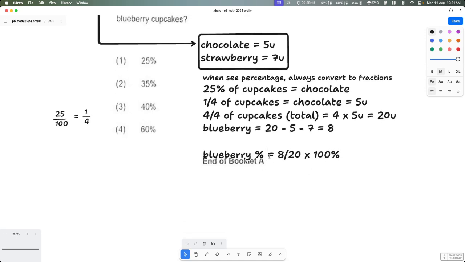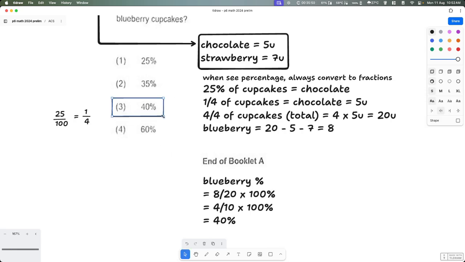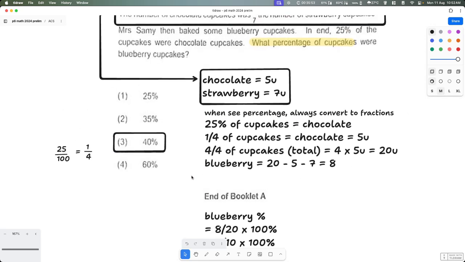So blueberry is 8 out of 20 times 100. Essentially it's 4 out of 10 times 100%, which is basically 40% in this case. So the answer to this is option number 3. There you go.